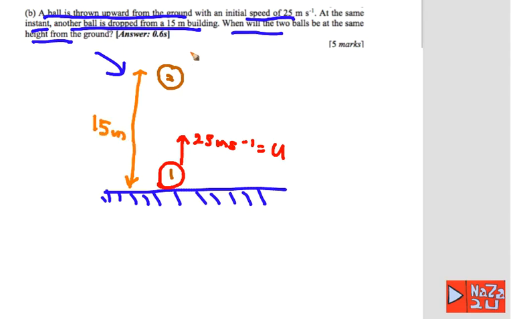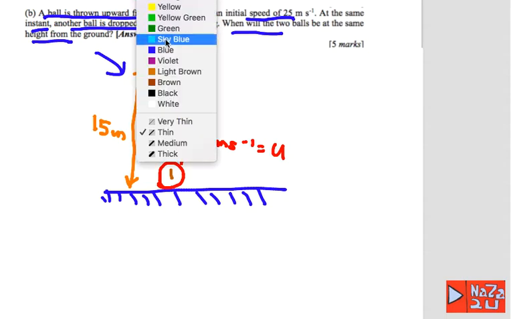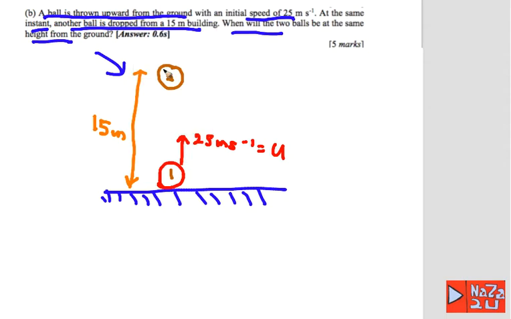So now, what is the time when the balls will be at the same height? Meaning what is the time taken for ball 1 and ball 2 to collide? Let's say the position is here, right? So what is the time here?